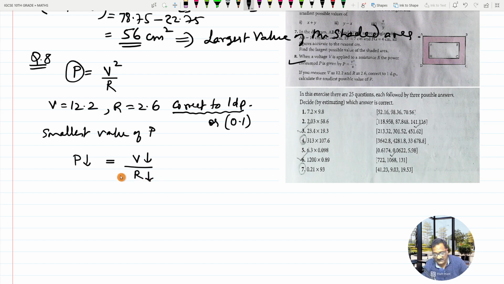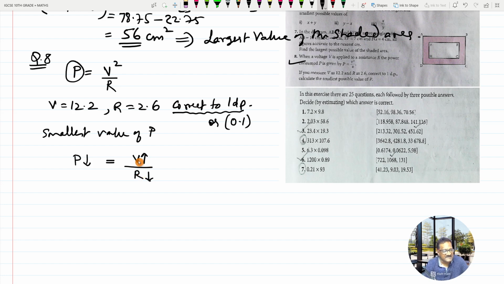Am I right? No, your V should be maximum, not minimum, and your R should be minimum.